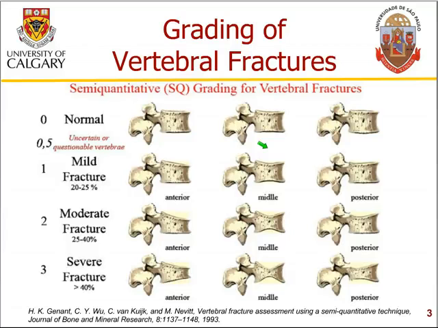Okay, here are 3 examples. Actually, they are the same vertebra copied 3 times, I believe. And the grading of mild fracture in row 2, where you see compression of the anterior portion or the middle portion or the posterior portion, and moderate fracture in the 3rd row, and severe fracture again in the anterior portion or the middle portion or the posterior portion of the examples shown here.